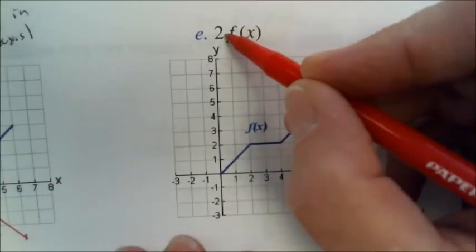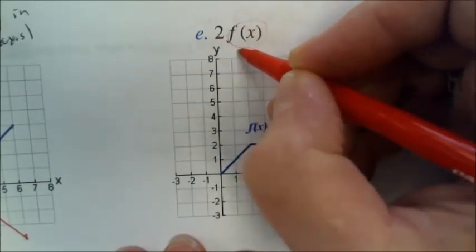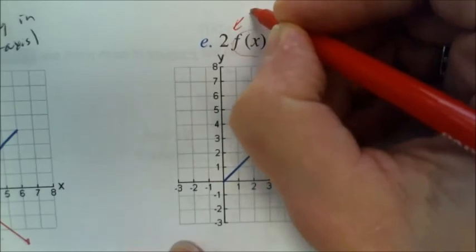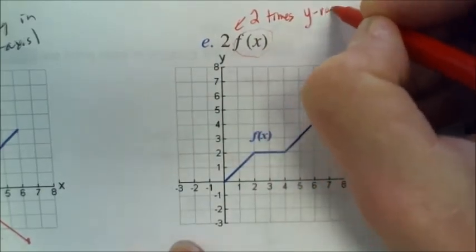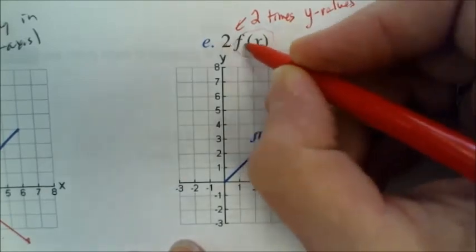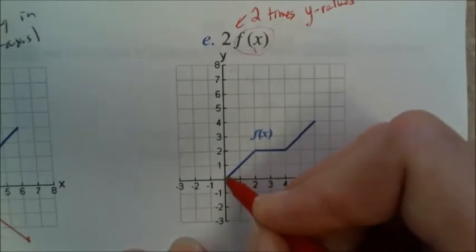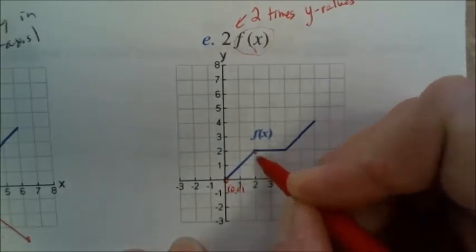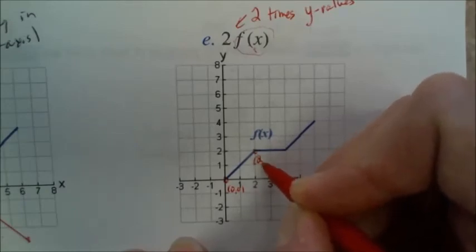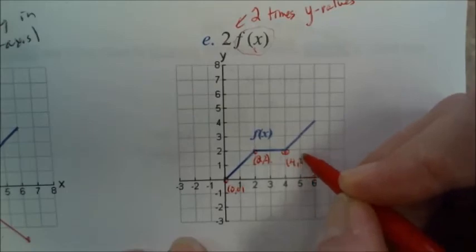And then the last example here of the day, this 2 on the outside, 2 times, remember f of x is the same thing as y. This means 2 times the y values, right? 2 times f of x means 2 times y. And so now we can just write down what these points are. This is 0, 0. This point is 2, 2. This point here is 4, 2.